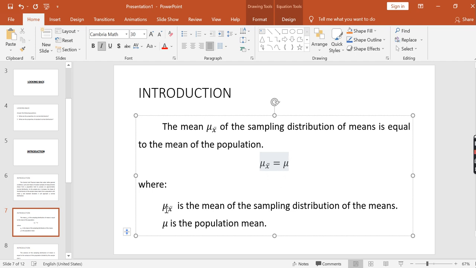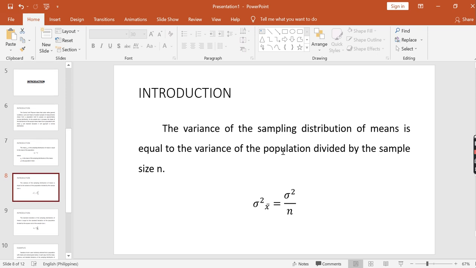So mu sub x bar is the mean of the sampling distribution of the sample means, while mu is the population mean. This one comes from the sampling distribution, and this one is the mean of the population.